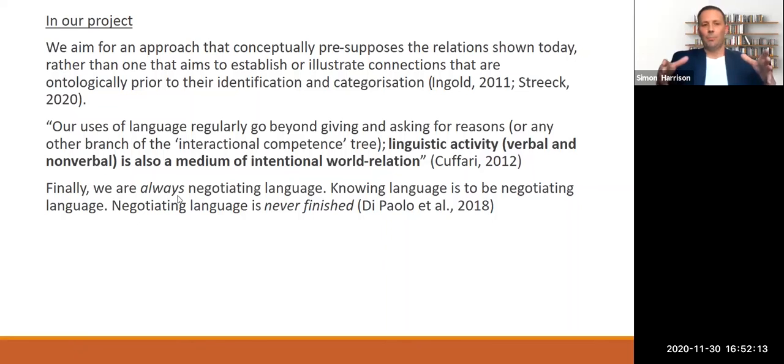It's like the students are not using interactional competence to negotiate linguistic competence, they're always negotiating language. And knowing language is to be negotiating language within an enactive approach. And negotiating language would never be finished. And I think that's why we find problems in our data with categorization systems like correctly resolved or incorrectly resolved.